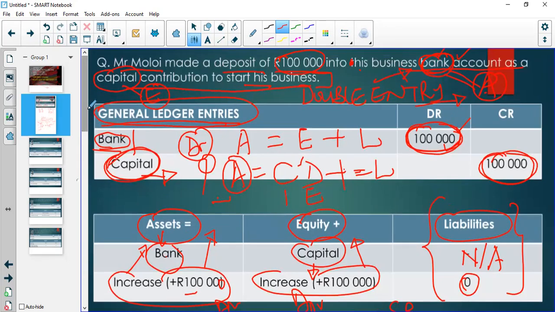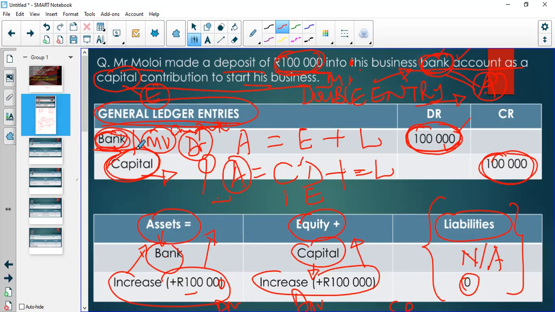The owner in this particular case contributed cash, and then the bank account increased. The owner could have contributed motor vehicles, and then the motor vehicles account would have increased. The owner could have contributed computer equipment, then our computer equipment would have increased. The owner could have contributed land or anything, then that account which he contributed would increase.